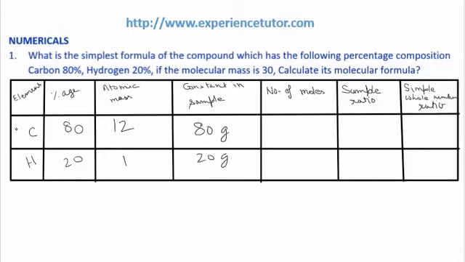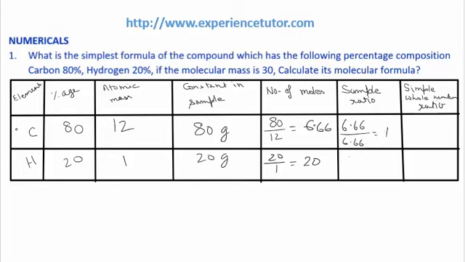Number of moles is equal to 80 upon 12, which is equal to 6.66, and in this case 20 upon 1, which is 20. Simple ratio is 6.66 upon 6.66, which is equal to 1.